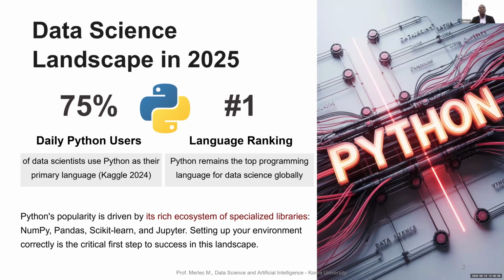So the key libraries and frameworks we are going to use for this data science and AI class: we'll use NumPy, which is one of the key libraries, Pandas, and scikit-learn. Jupyter Notebook is an ecosystem that we'll be using for editing and compiling our code.